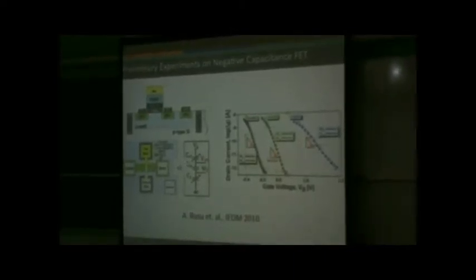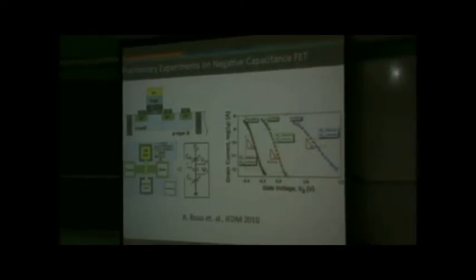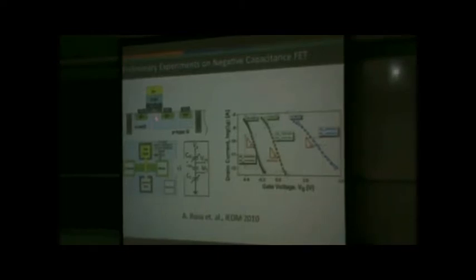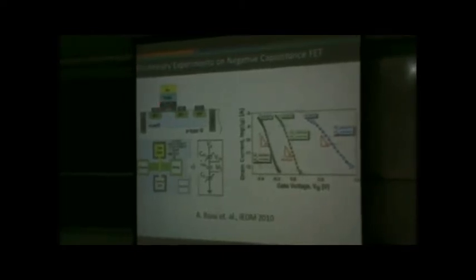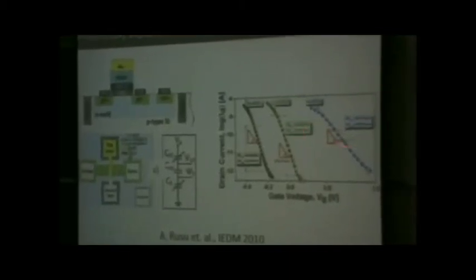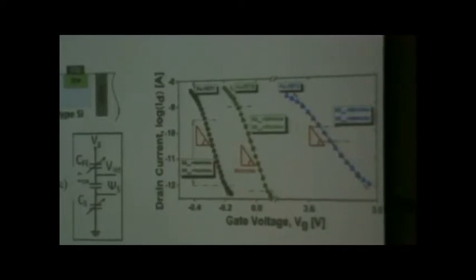It's not a practical device because polymer ferroelectrics cannot be switched beyond a few kilohertz, but they wanted to see the effect. They put in a polymer ferroelectric, and yes, they were seeing 50 millivolt, 46 millivolt per decade at various points of their ID-VG. But it was not a very clean experiment. There are certain things that we can point to, but it was a preliminary demonstration.